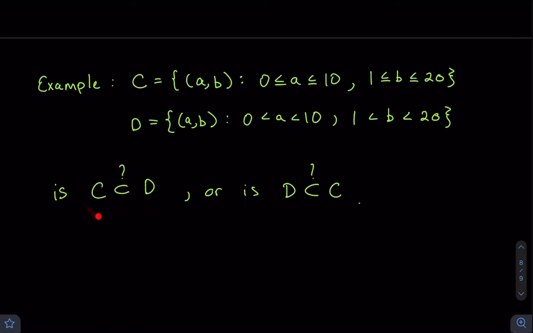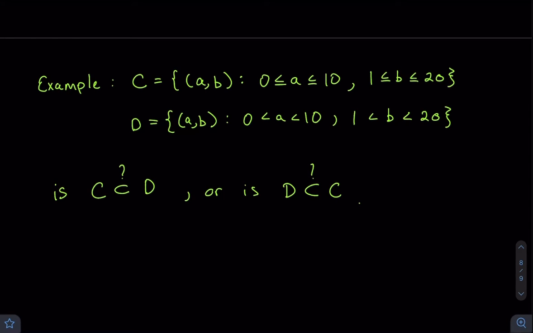Okay, so for set C to be a subset of set D, that must mean all the points A, B of set C must be in set D. And the way we need to look at this is by the intervals we have for the values of A and the values of B and compare them to each other.